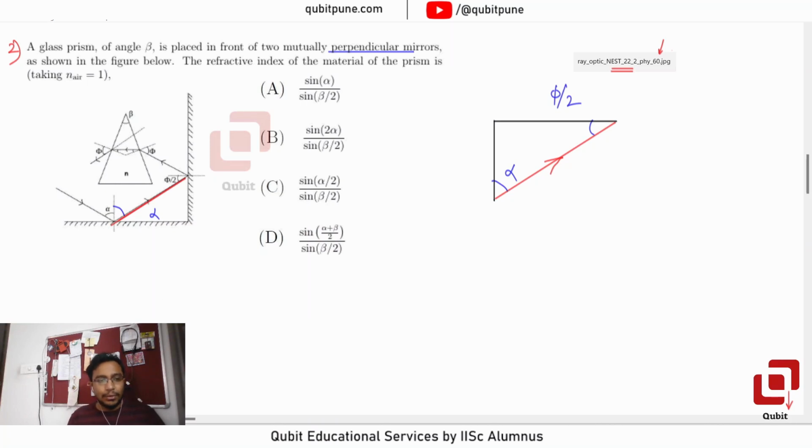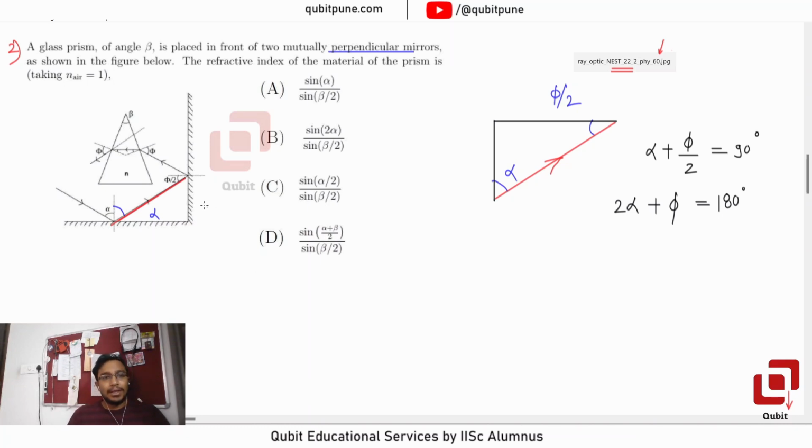So you got a relationship between alpha and phi by 2. Alpha plus phi by 2 equal to 90 degrees. And if you multiply by 2, you will get 2 alpha plus phi equal to 180 degrees. We may need it because in our options phi is not there, only alpha and beta are there.